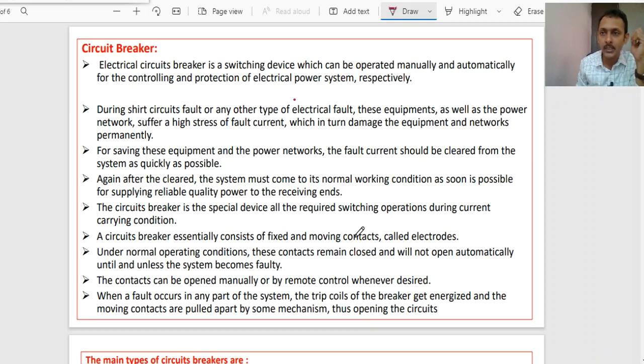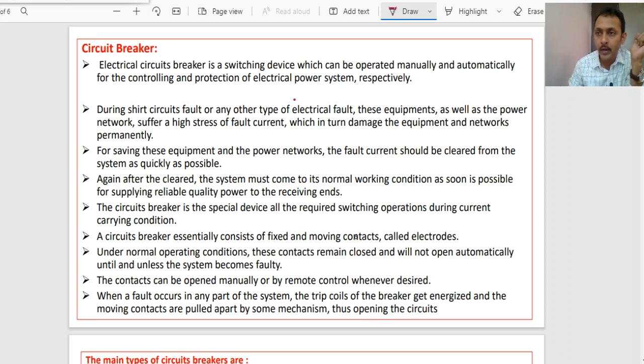As long as the system is under normal working condition, the equipment draws the rated currents. But if any abnormal condition arises, like a short circuit, a fault or an open circuit condition, then the electrical equipment undergoes heavy stress because of the fault current, and this fault current can damage the equipment and the networks permanently.